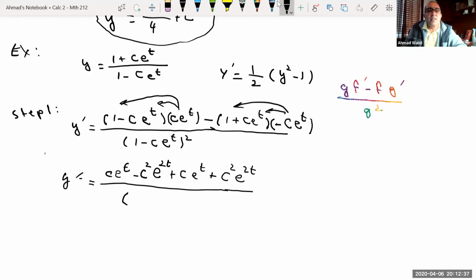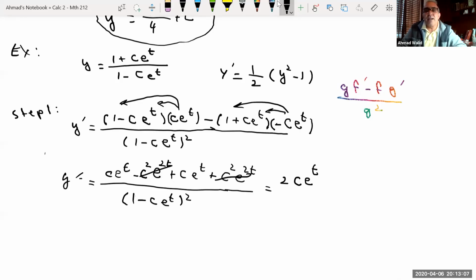All over your denominator, which is 1 minus CE to the t, all squared. From here, do you see I have CE to the t here, CE to the t here, it becomes 2CE to the t. I have negative C squared E to the t here, positive here, they cancel out.